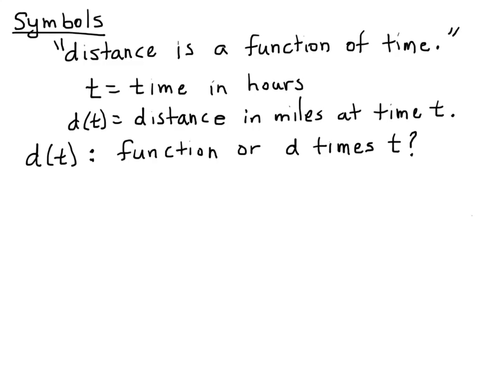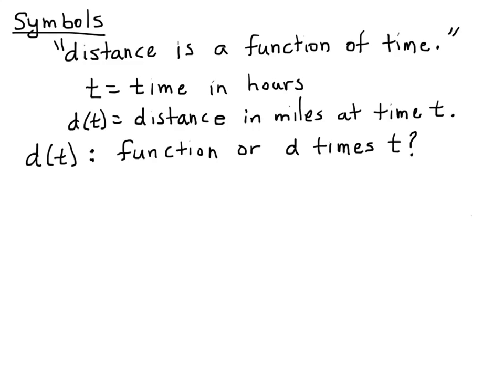So we have a little bit of ambiguity in the notation here. You write a letter in front of some parentheses with another variable on the inside. If you just write d(t), do you mean d is a function of t, or do you mean d times t? It can be either way, right? Here's where your definitions become very important.